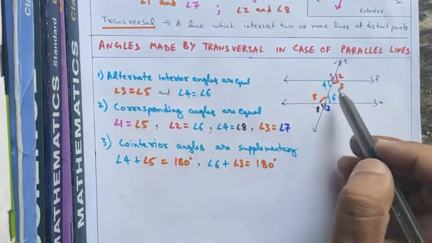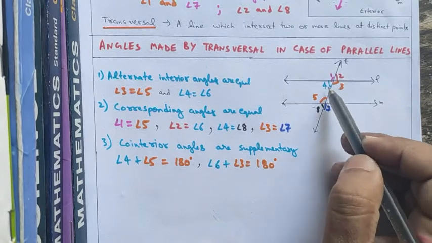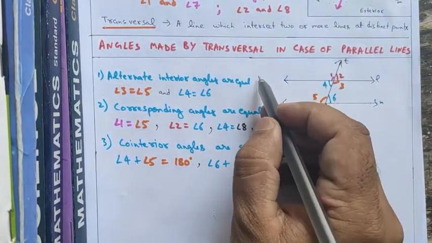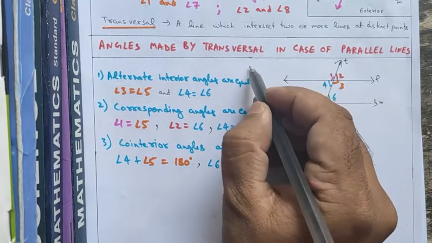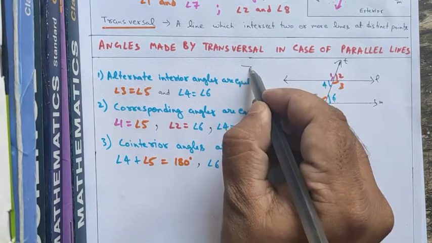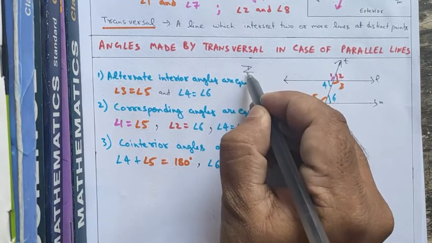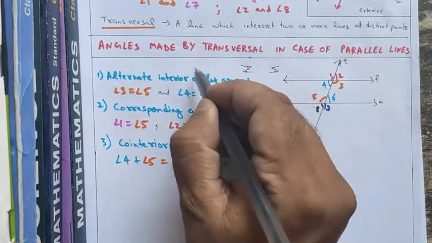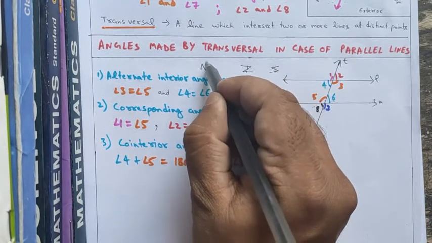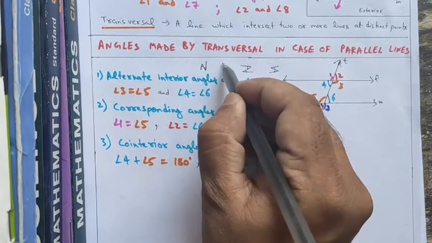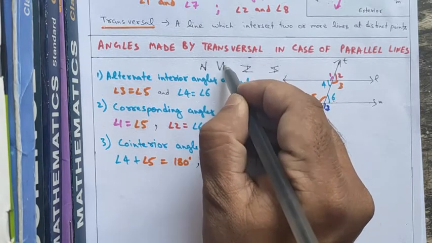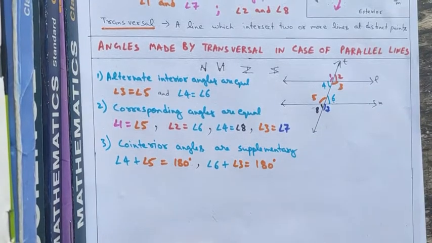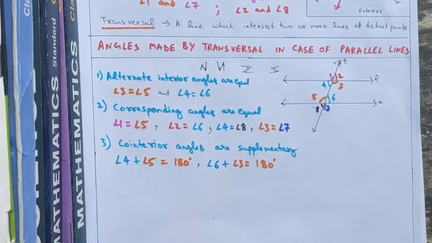Second, angle 4 and angle 6 are also alternate interior angles. You can identify alternate interior angles because they always form a Z-like structure, or the opposite of a Z, or sometimes an N-like structure, or the opposite of an N. So these are the four different types of alternate interior angles.